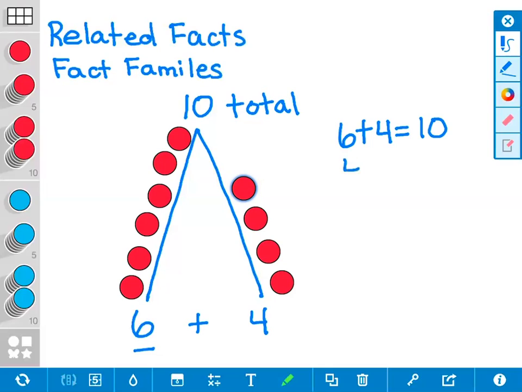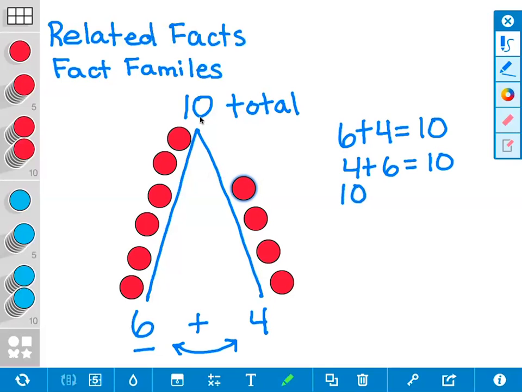So I switch them around, and I know if I switch them, I still get 10 because no matter which side I put them on, I'm still going to get the total at the top, which is 10. So now we also talked about looking and seeing how all the parts are connected, 10 and 6 and 4.